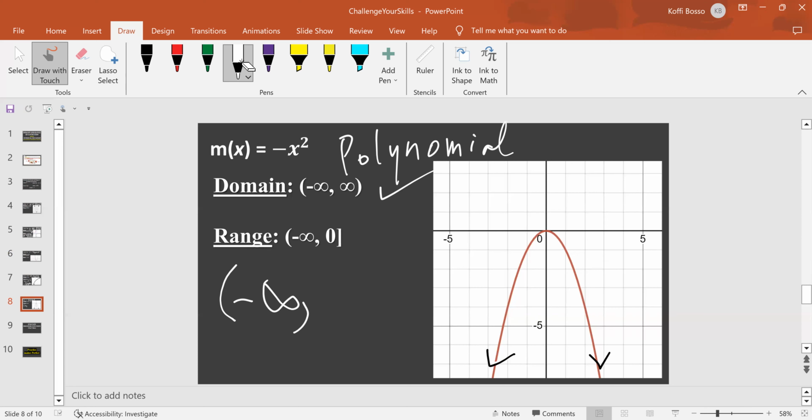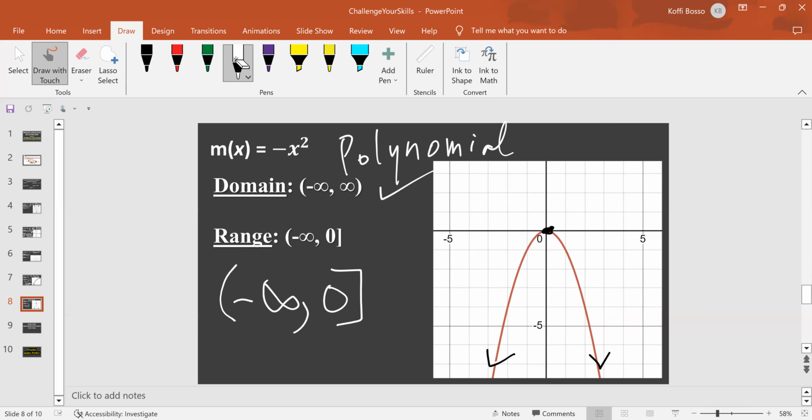But the 0, the top of the graph, this time is the highest point, and that highest point has y value 0, and we close it at that. So understand that if you write this range as 0 to -infinity, it is wrong.